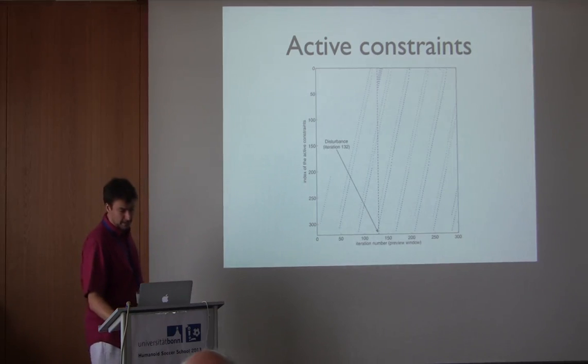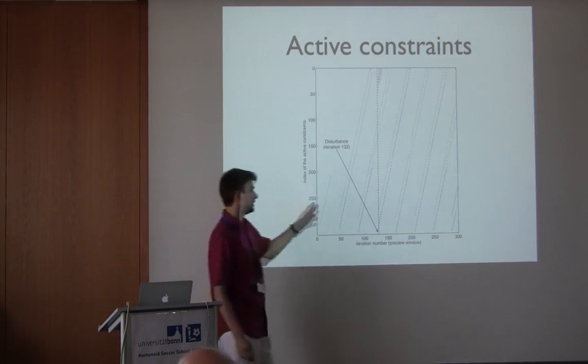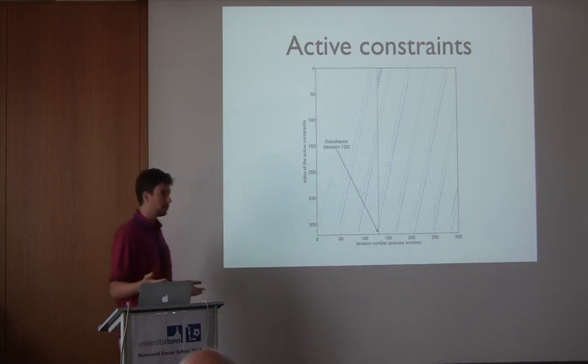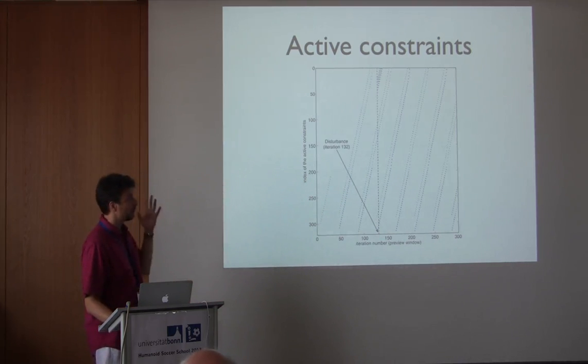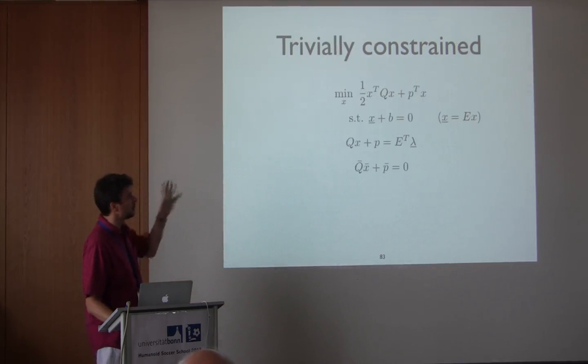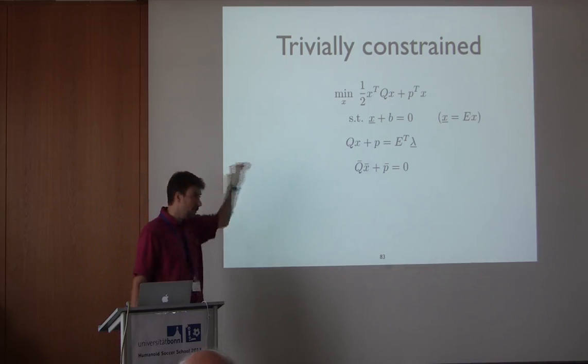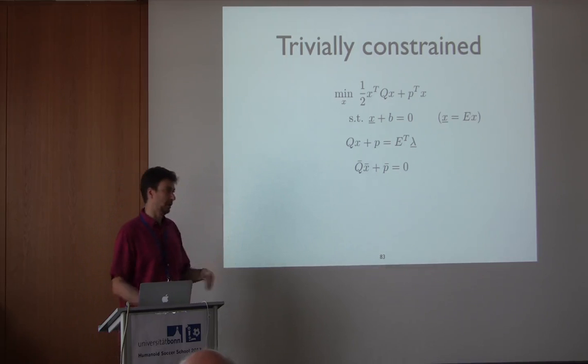So it means that solving a quadratic program with inequality constraints, if we have such a nice time behavior of the QP, is not much more costly than solving a QP with equality constraints. And if my equality constraints happen to be trivial constraints, it's even faster to solve than a QP without constraints.